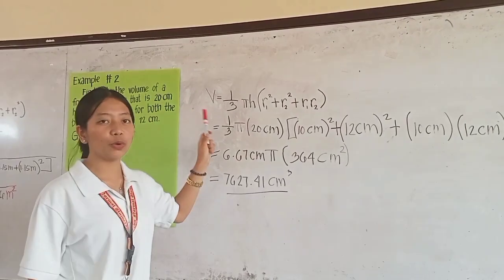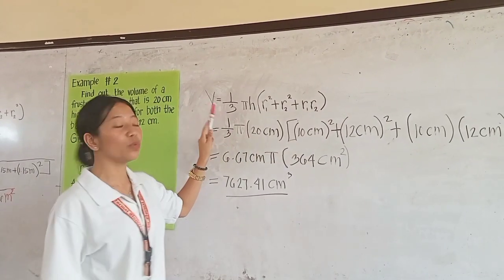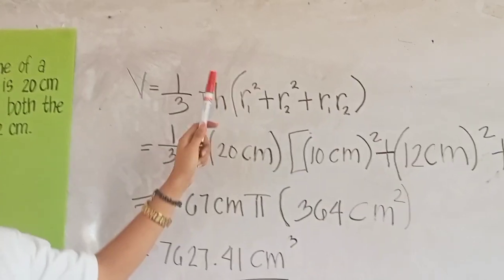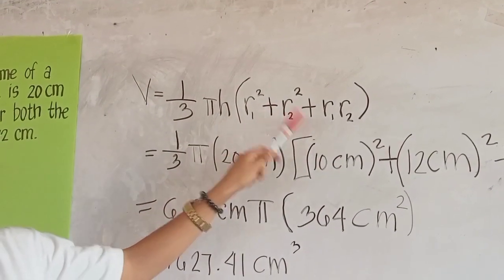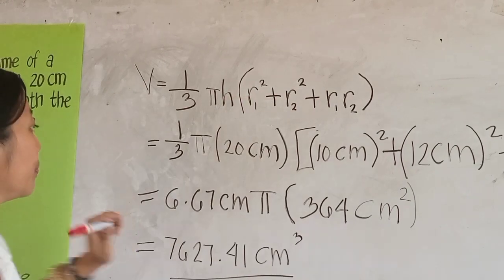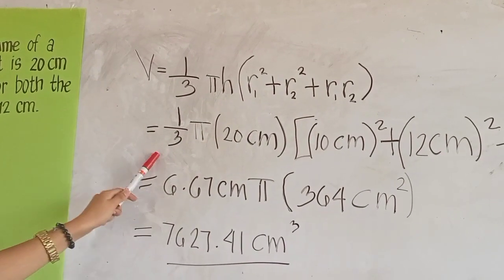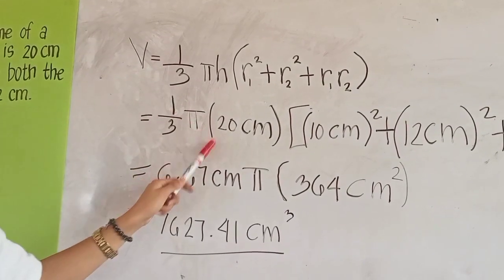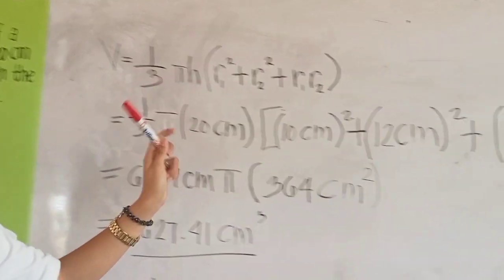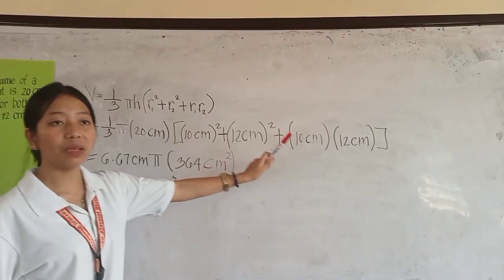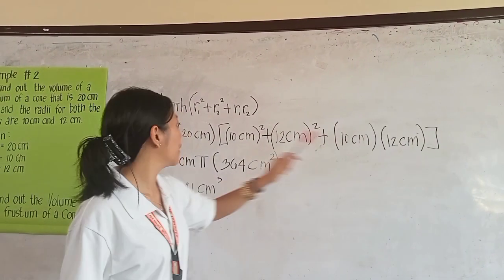To find the volume, we will use the formula of a volume again, which is 1/3 times pi times height times radius 1 squared plus radius 2 squared plus radius 1 times radius 2. So next, we will substitute the given, which is 1/3 times pi times 20 centimeters times 10 centimeters squared plus 12 centimeters squared plus 10 centimeters times 12 centimeters.